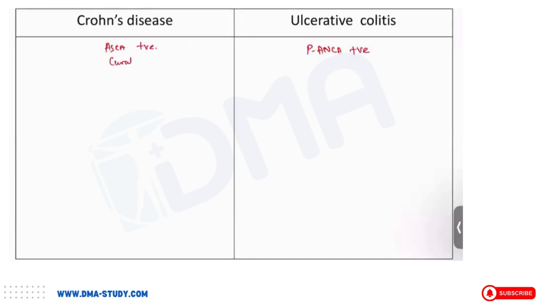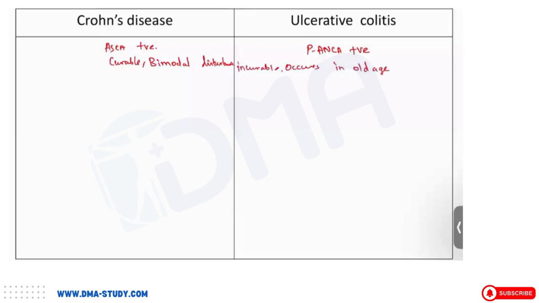This one is incurable and bimodal distribution, that is early age and old age, occurring in children and old age people. And this one occurs in old age only and is curable.